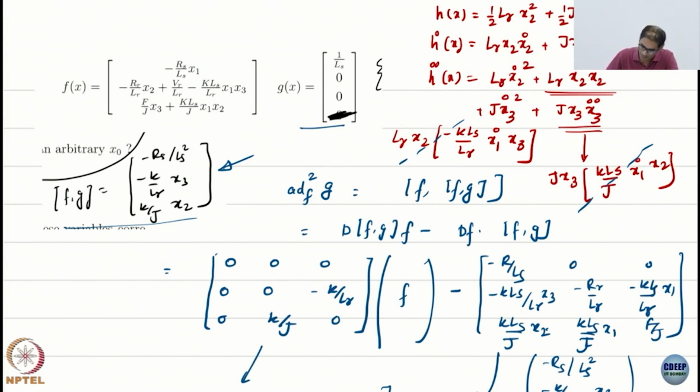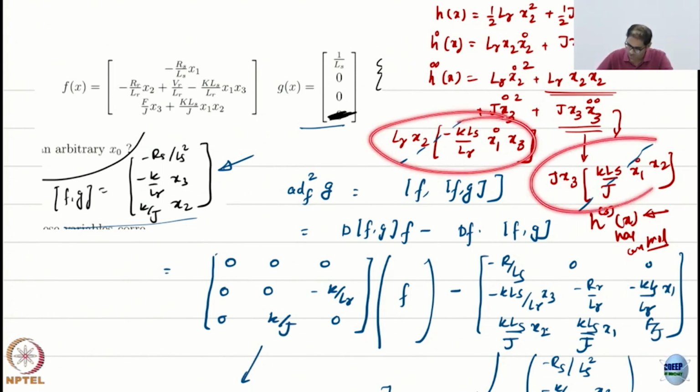Okay, now not going to write it, but the h third derivative has control. It looked like this second derivative contains the control, but those terms will cancel each other out.